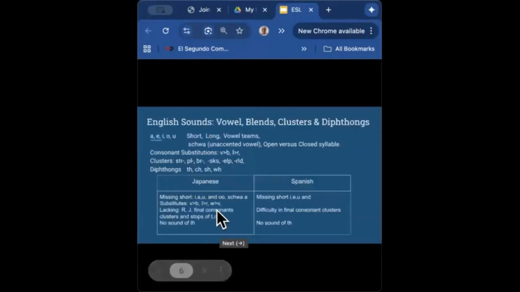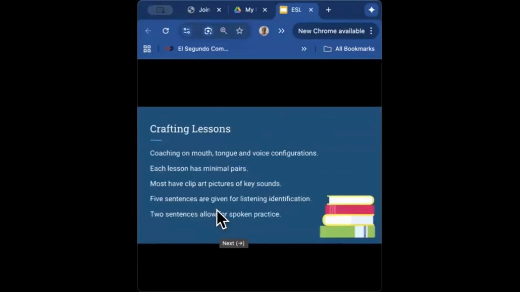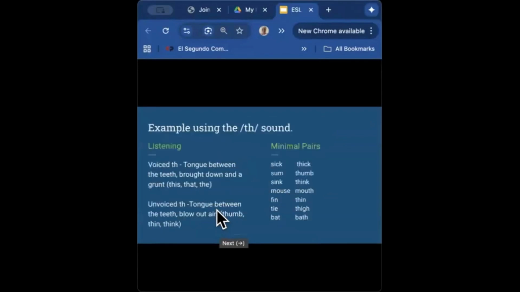So a lot of times, I'm going to focus today on the TH. You can find out what sounds your students do not have in their native language by just doing a quick Google search. Most languages do not have our TH sounds. So I created a couple of lessons, 40 of them, to help on these enunciations for our students. For example, the TH sound has two sounds to it.